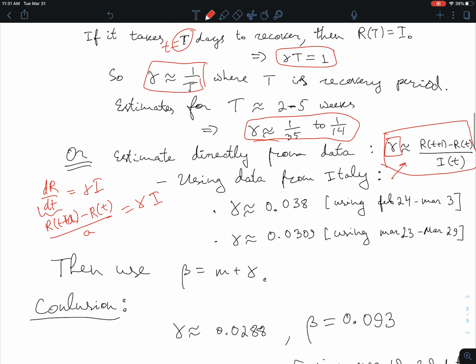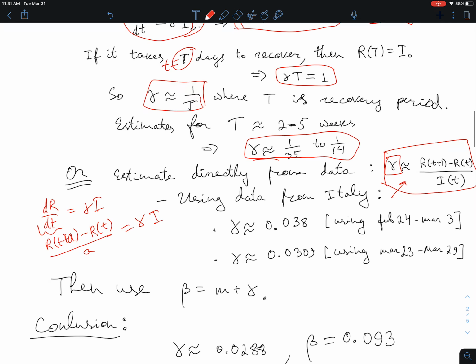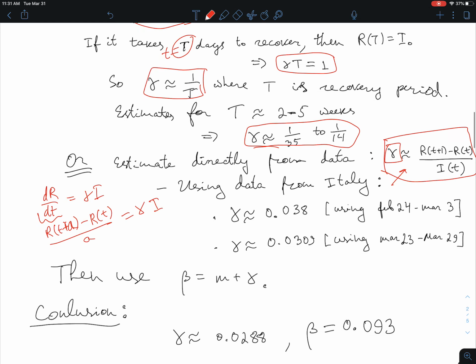Okay. And indeed, if we do it for the Italy data, where we have quite a bit of data about how many individuals have recovered and how many individuals died, and just using that data, we get these values of gamma.